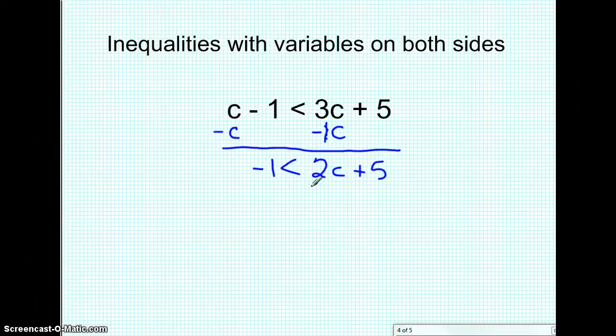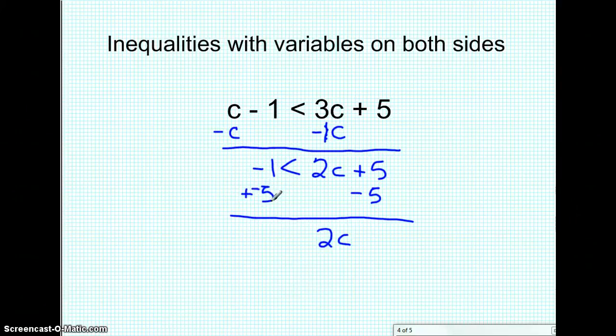Okay, so I've got my terms with variables together. Now I need to get my terms with constants together. So instead of plus 5 here, I'm going to subtract 5 on that side, and I need to subtract 5 on this side. Those will cancel out, leaving me with 2c. And again, negative 1 minus 5, I need to remember my integer rules. Keep, switch, change. Negative 5 plus negative 1 gives me negative 6 is less than 2c.